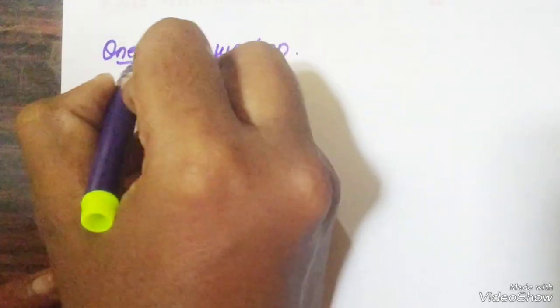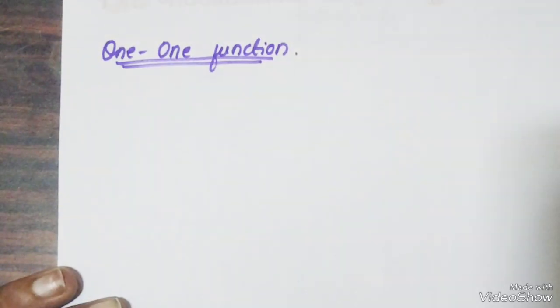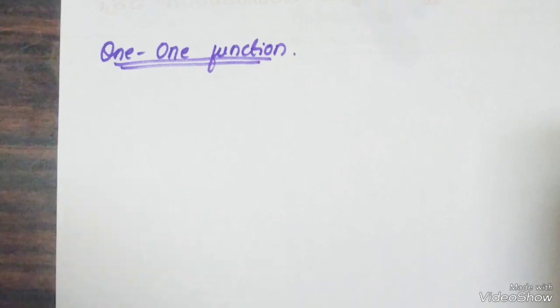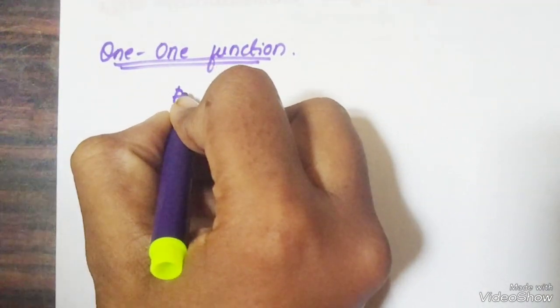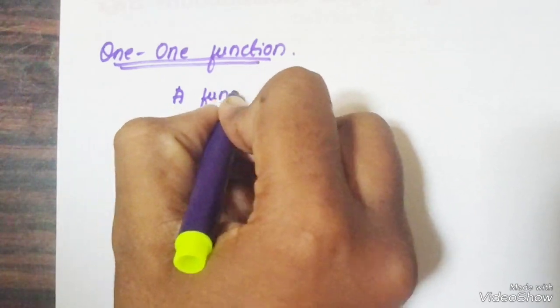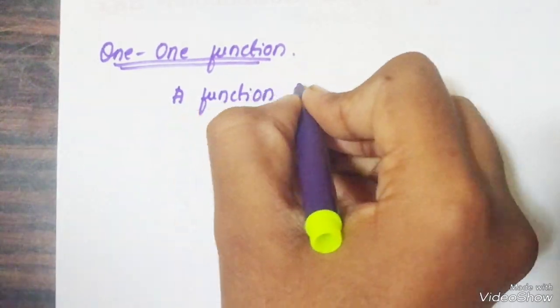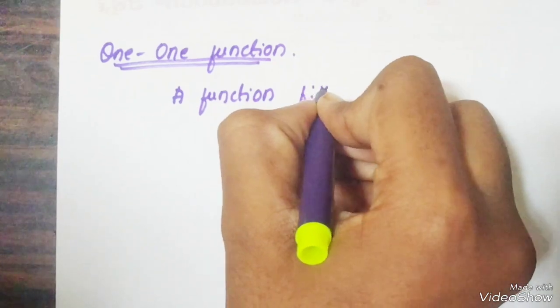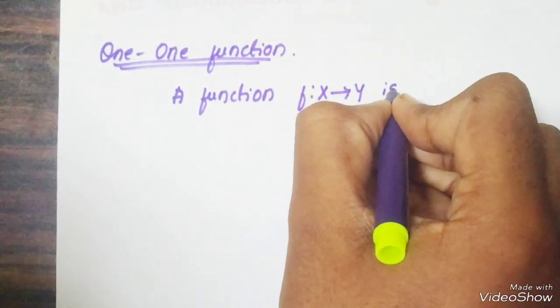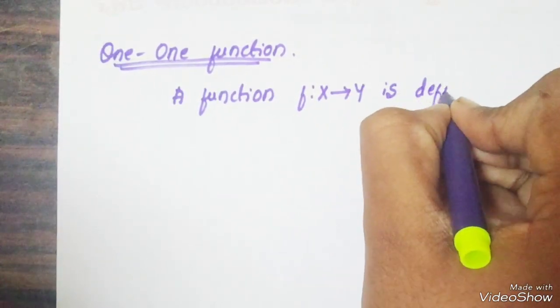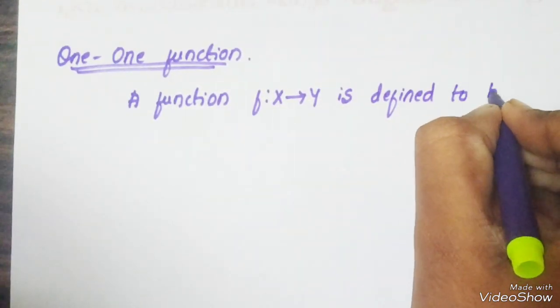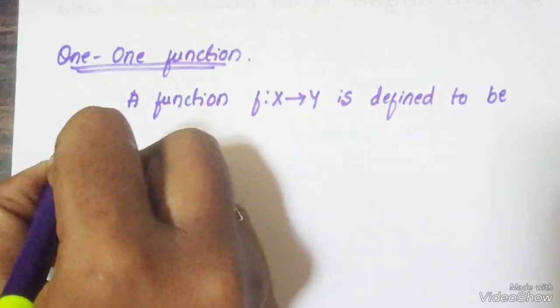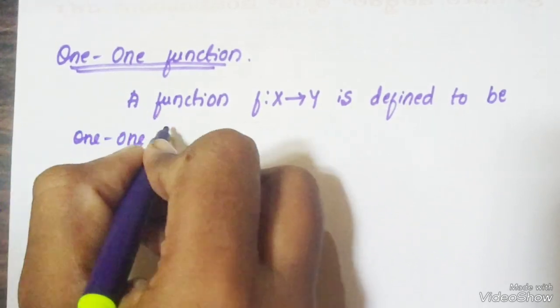Okay, one-one function. First, I will give the definition. After that, I will explain the concept. The definition is that a function f from X to Y is defined to be one-one.